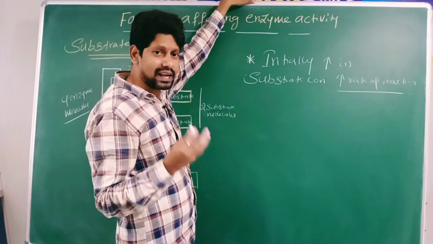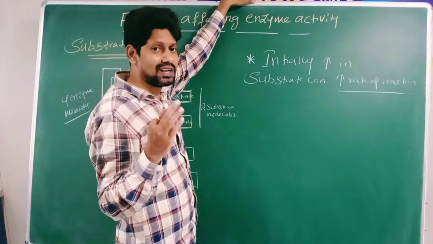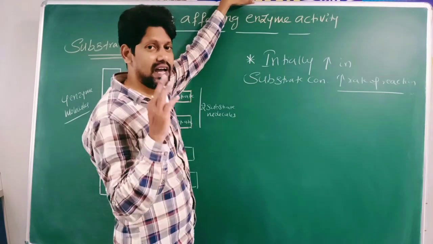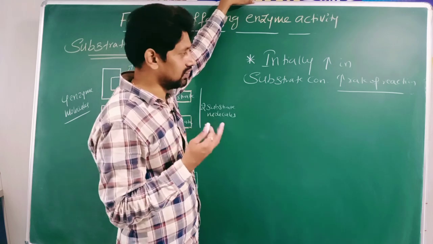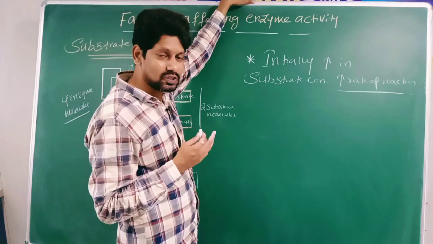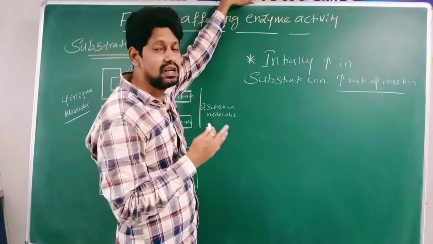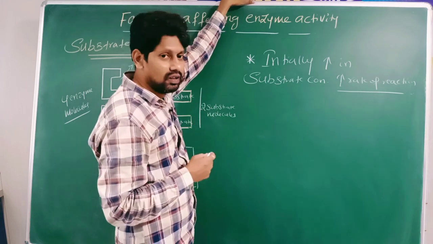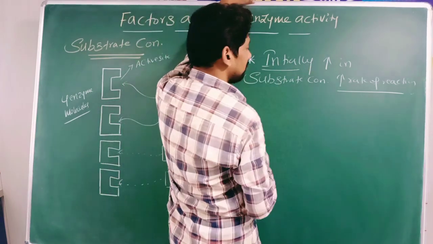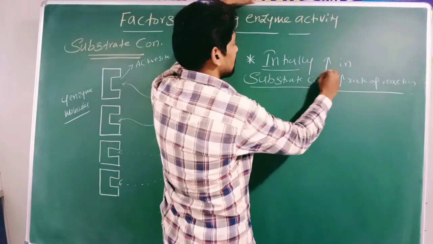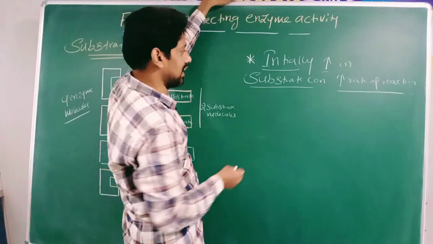Rate of reaction can even be called velocity if direction is specified. So initially, if substrate concentration increases, the rate of the reaction increases.